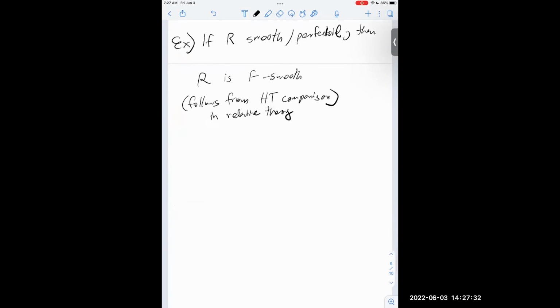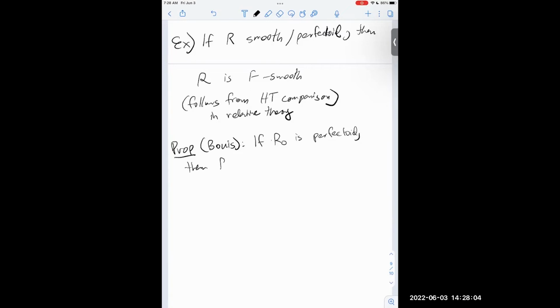Okay, and so for algebras over a perfectoid ring, this condition of F-smoothness has also been studied by Bui, and there's the following fact. If we have a perfectoid ring R0, then it's possible to make this condition of being F-smooth very explicit, for algebras over R0.